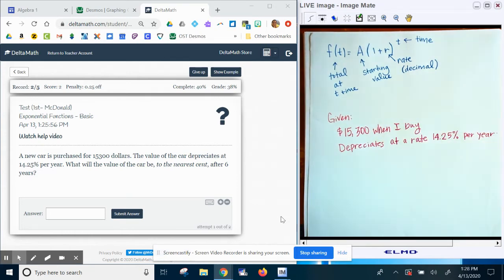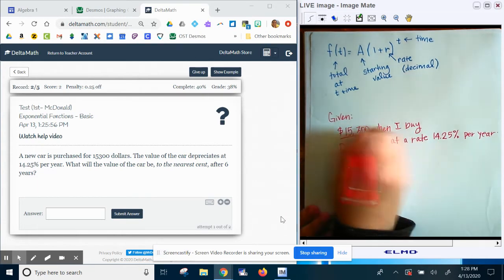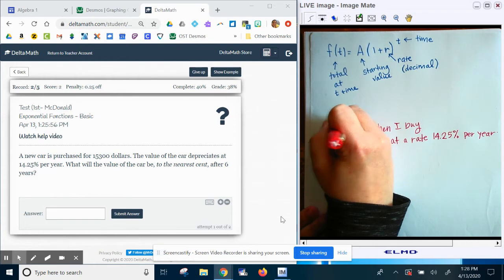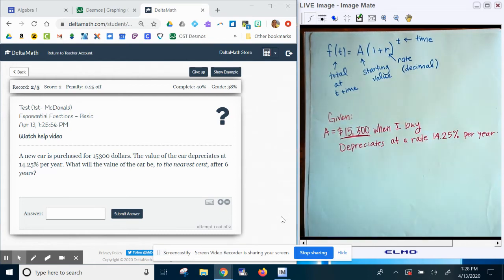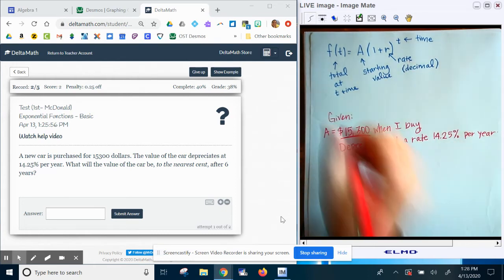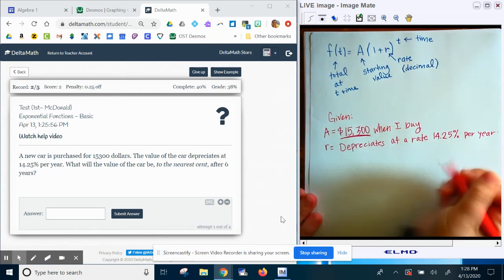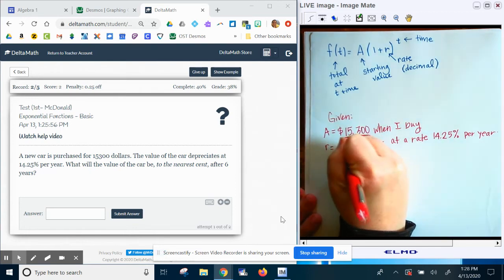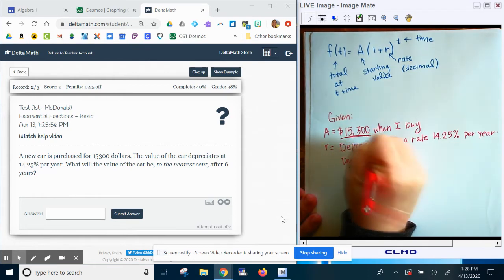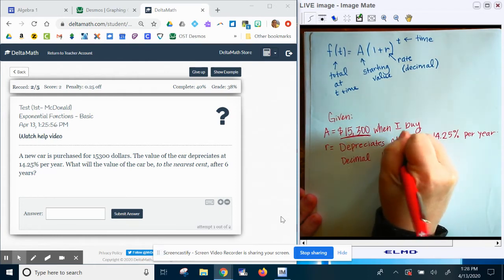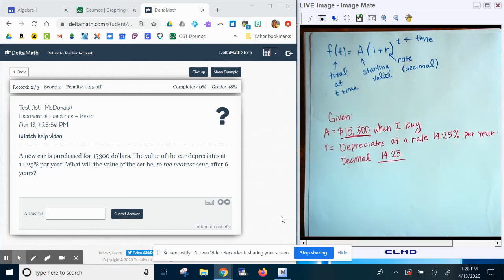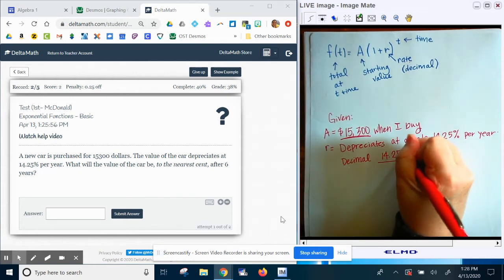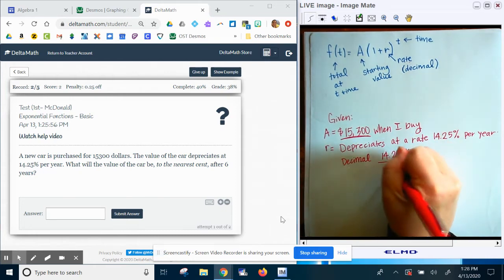So now that I've got that stuff to write my equation, I need to see where they go. If this is how much I bought it for, that's my A. And then my rate is going to be my 14.25%. But remember, I can't leave it as a percentage. I need to get it to a decimal. So I've got to take my 14.25 and divide it by the biggest percent I can have, which is 100%.